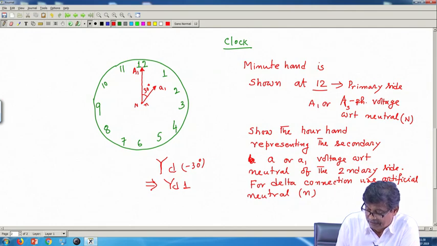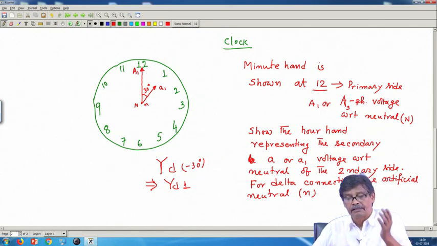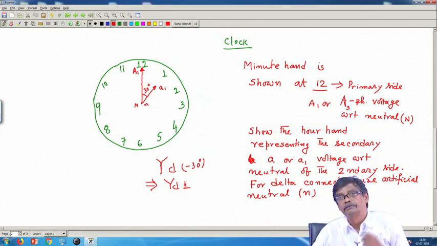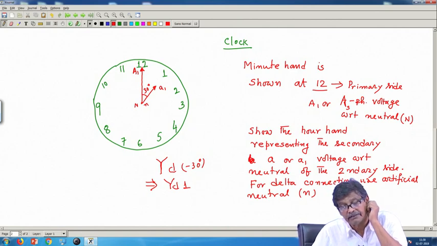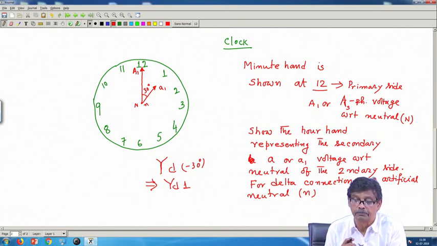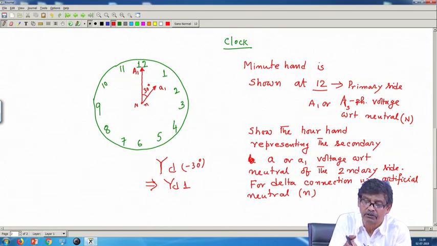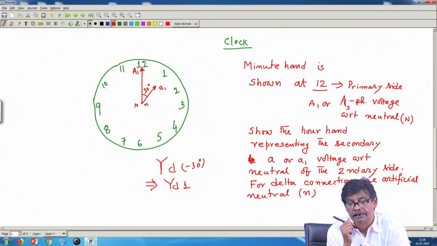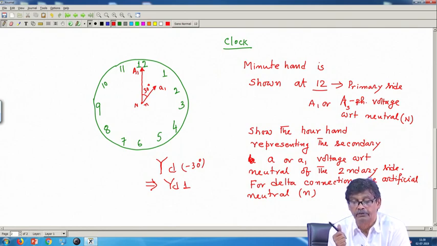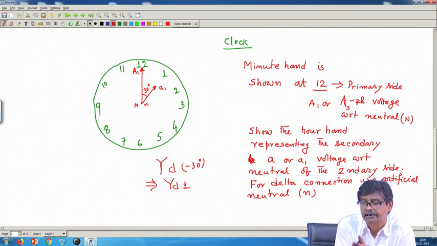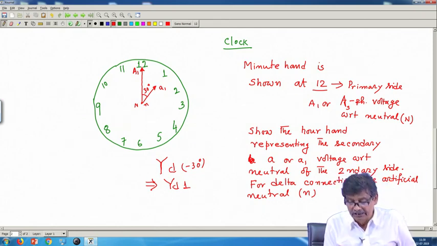This connection Y D 1 simply means how the primary side voltage and secondary voltage of a particular phase with respect to neutral are displaced. Since the minute hand I will always use to indicate the primary voltage, therefore, secondary voltage lags the primary voltage by 30 degree. Okay. So, this is the vector group.